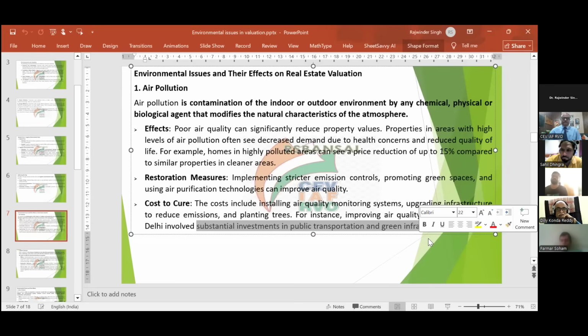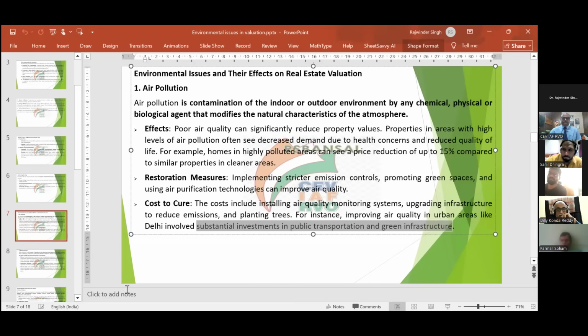So all these things will again affect the value of the properties. They may or may not be directly associated with the value of the properties, but they definitely affect it.